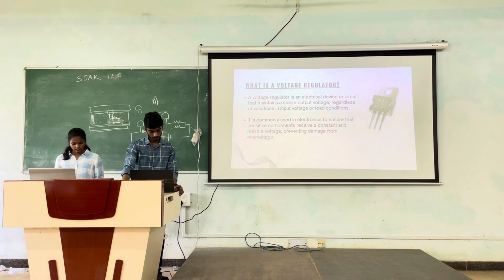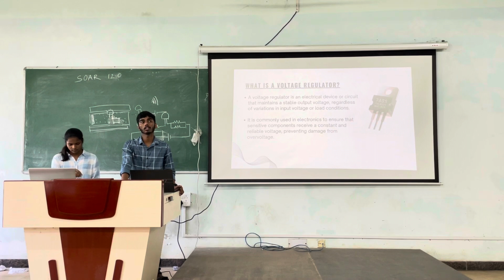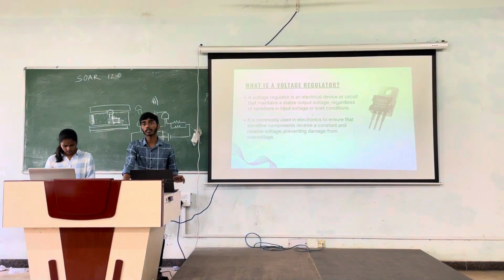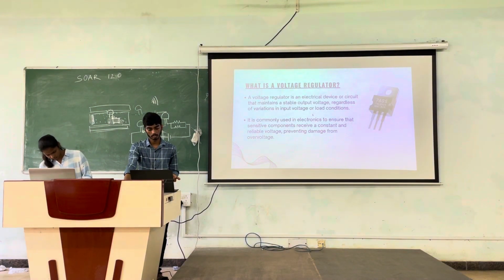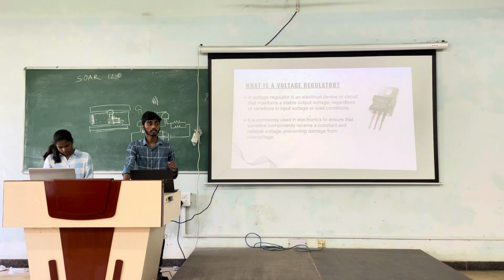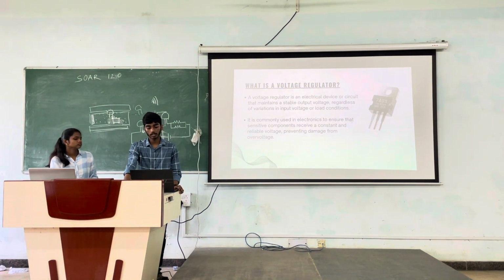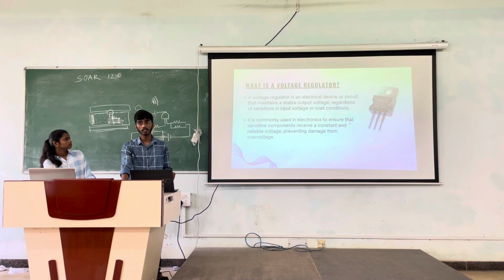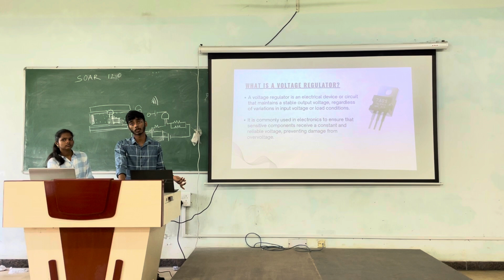These are basically used in various electronic components. We have so many components in electronics which are voltage sensitive. In order to prevent them from getting damaged, they are made so that they operate on a certain voltage. So these electronic components cannot afford to have a voltage fluctuation on their input side.